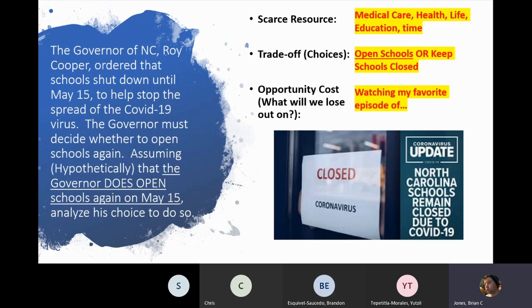You don't want to spend more time than you need to in school. So time is a factor too. We're losing out on valuable educational time. So there's a lot of scarce resources involved in making this decision. And of course, the decision was to open schools or to keep schools closed. In this hypothetical, let's say that he decided to open schools and we all go back May 15th.